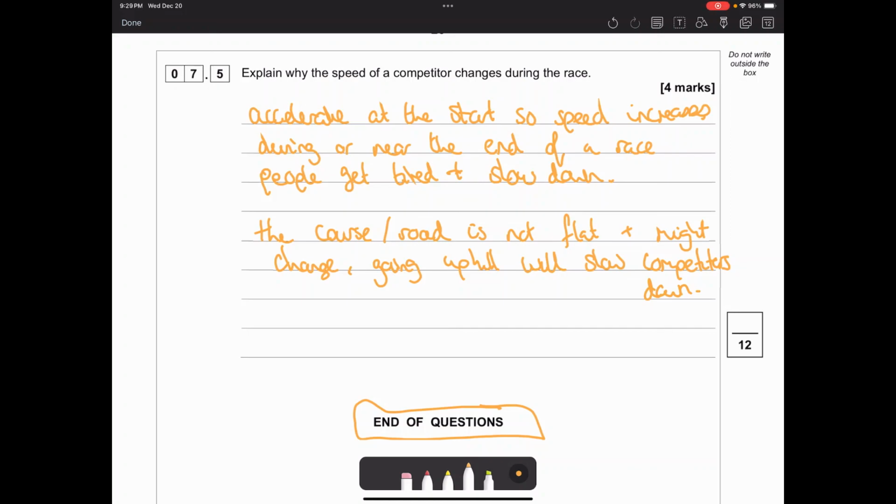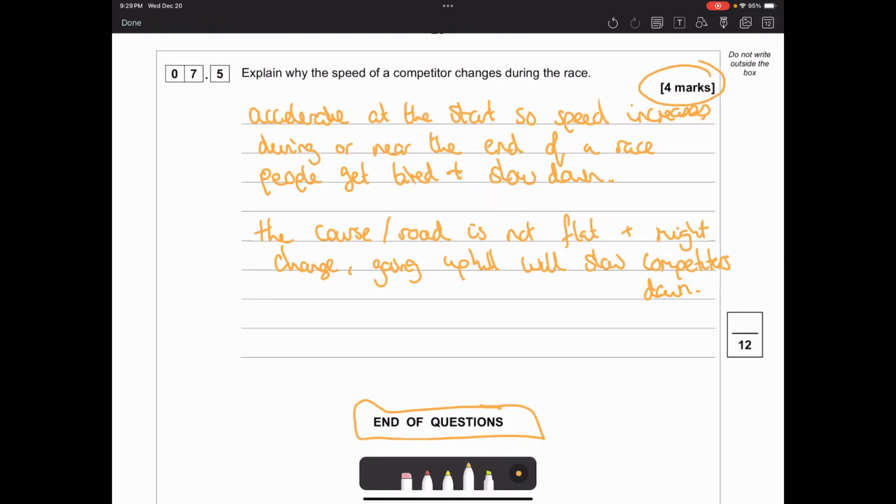You could also say that people might sprint at the beginning of a race. You could even say, because they've talked about wheelchairs, people might get a puncture. And then you could also say, even potentially, weather conditions affecting it.